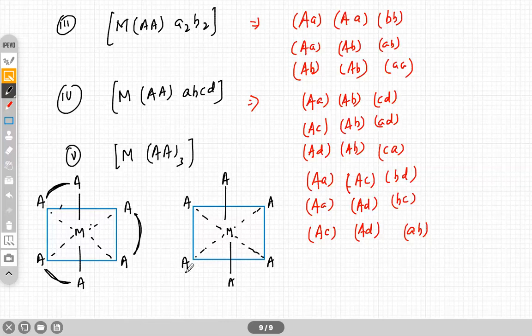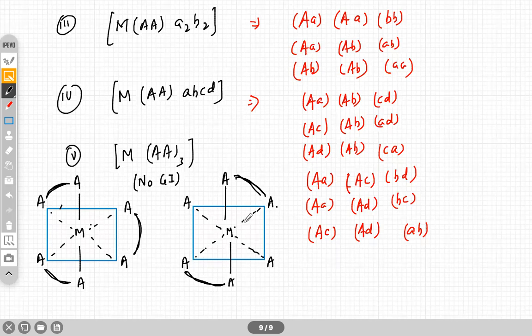If I take this to here, for example, right, then if you take this one, we'll have the same structure. If you take this one, this one, then it is not possible because these two are at 180 degrees. Are you getting me? So whatever said and done, one pair will always be at 180 degrees. Yes, that's why in this we do not have GI. No GI possible in this one, right?